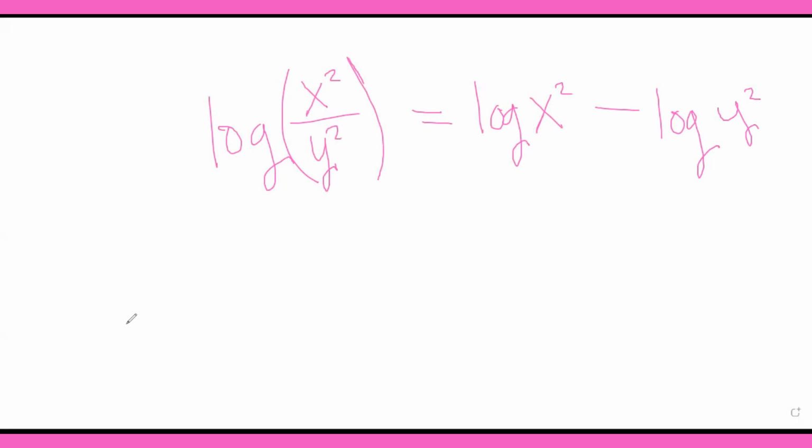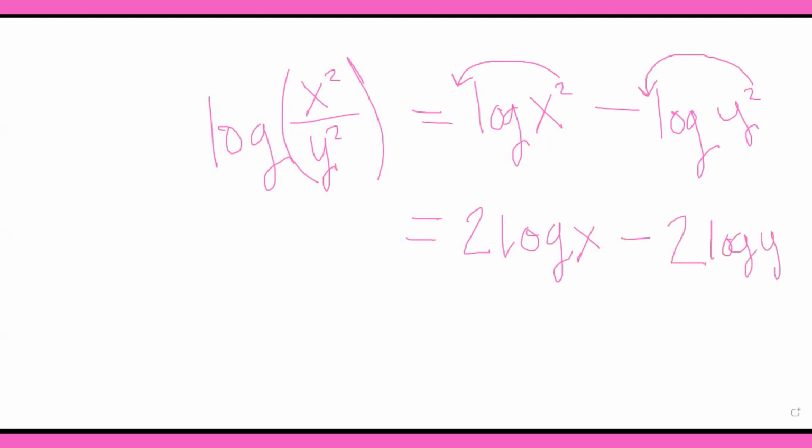So here, in this case, sometimes this might come in handy where maybe you could evaluate this and not this or something like that. And again, we could use our power rule here. Both of these have exponents in that answer position. So we could rewrite those as 2 log x minus 2 log y. And again, these are just being multiplied.